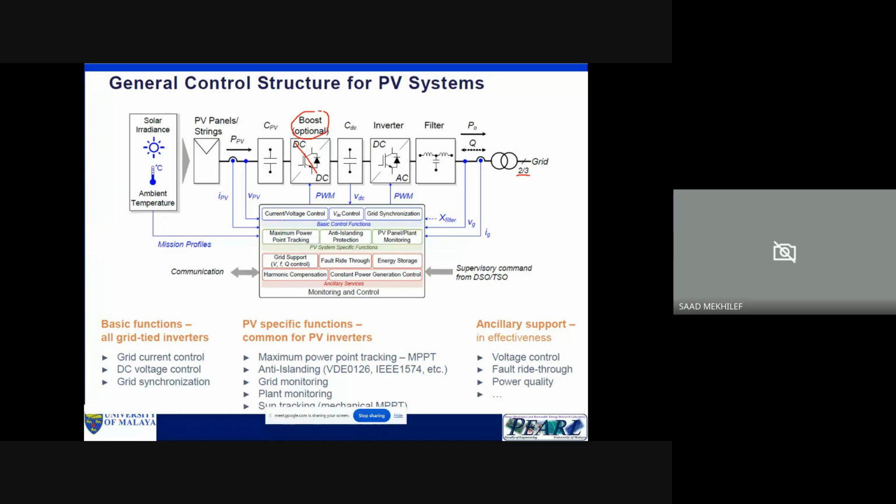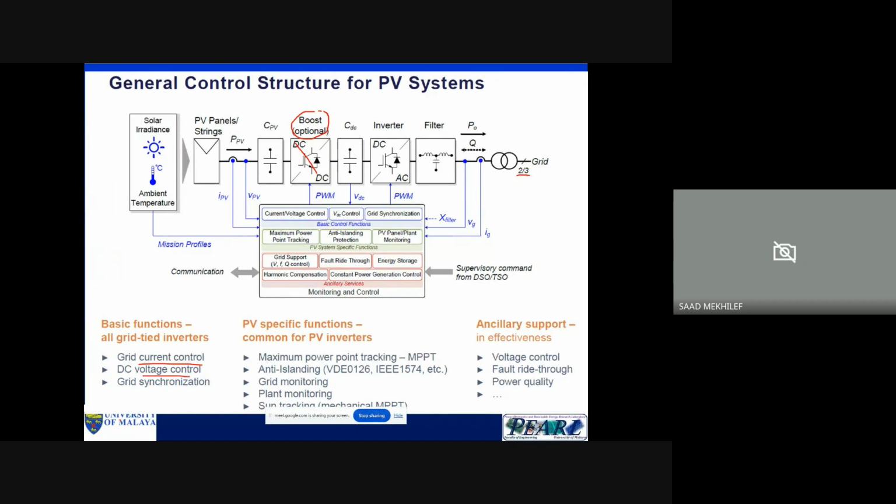And this block here summarizes all the control that needs to be done with these grid connected PV systems. There are some basic functions for this grid connected inverter. First one is the grid current control. That is a must, because how much current you inject matters.